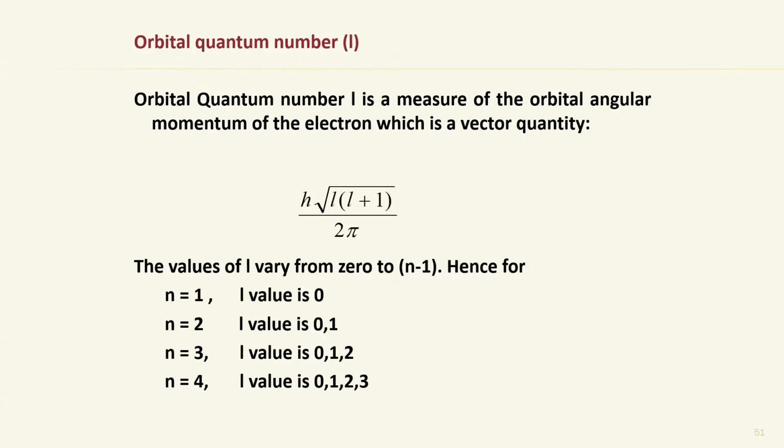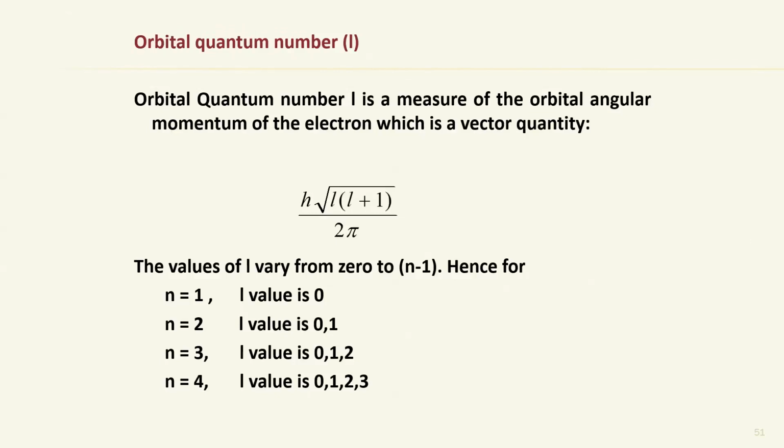So, the orbital quantum number L is a measure of the orbital angular momentum of the electron, which is a vector quantity. So, what is a vector quantity? Find out. I may ask you in the exam. So, better find out what is a vector quantity.